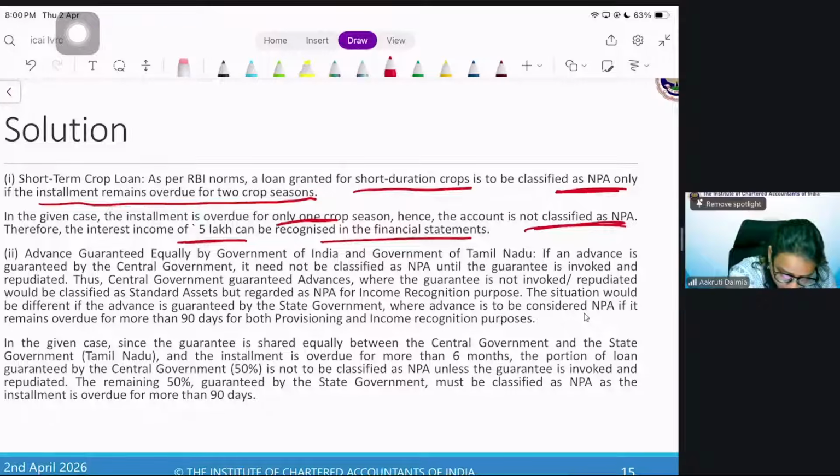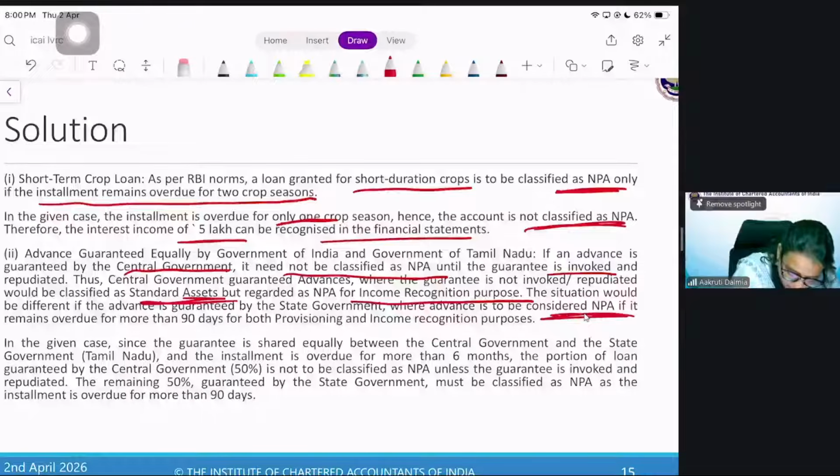Advance guaranteed equally by Government of India. If an advance is guaranteed by central government, it is not to be classified as NPA unless the guarantee is invoked. The central government advances where the guarantee is not invoked or repudiated will be classified as standard asset, but regarded as NPA for income recognition. The situation would be different if the advance is guaranteed by state government, where the advance is considered to be NPA if it remains overdue for 90 days for both provisioning and income recognition.